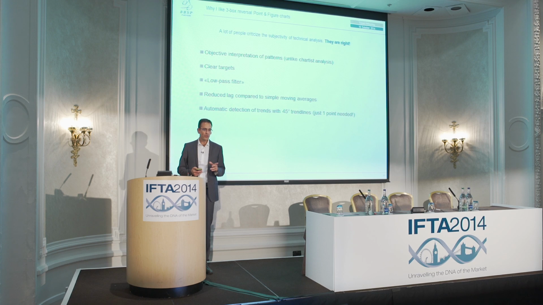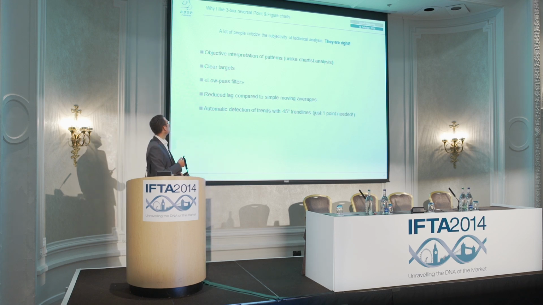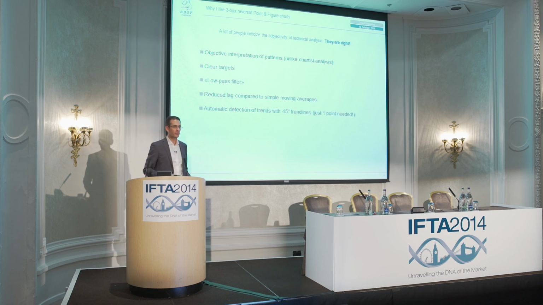What I like with point and figure charts is that they are almost quantitative tools. You show one point and figure chart to 10 technical analysts that know how to use the chart, and you should get just 1 or 2 answers max in terms of forecast. They give you clear targets, and that's very important.